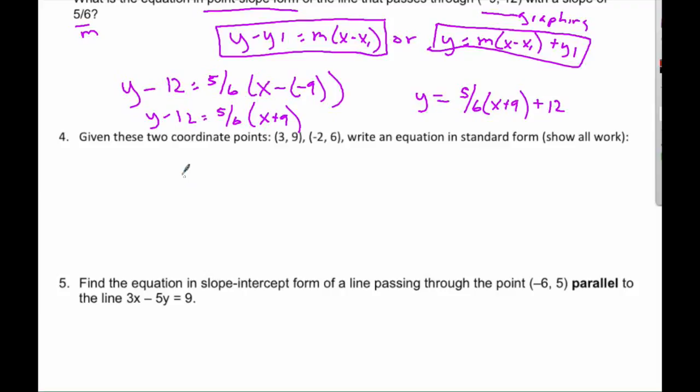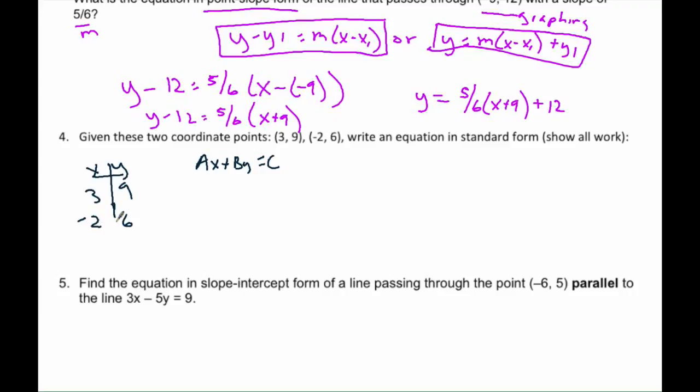Given these two coordinate points, 3, 9, negative 2, 6, write an equation in the standard form. Okay, here we go. So standard form is ax plus by is equal to c. There are a couple ways for you to write this in standard form. So first thing, I'm just going to find the slope, because I know I need to find the slope. Okay, so x, y, I can do 3, 9, negative 2, 6.